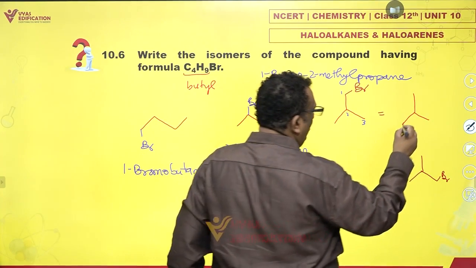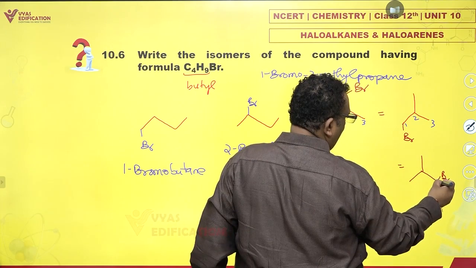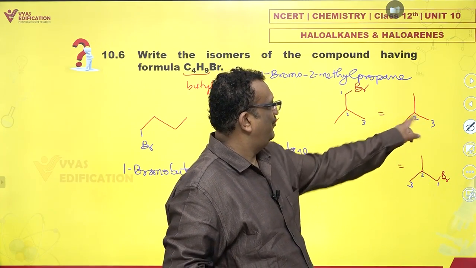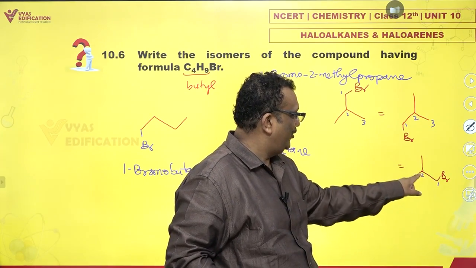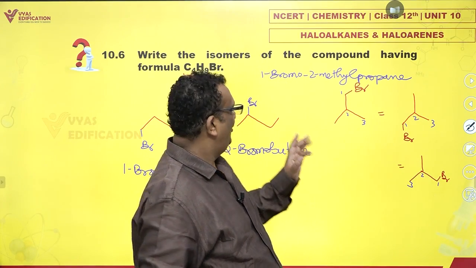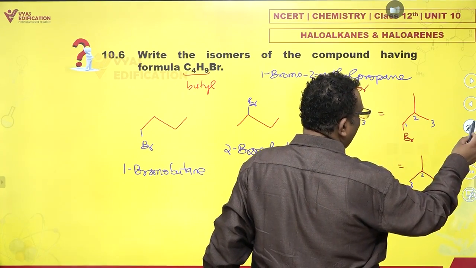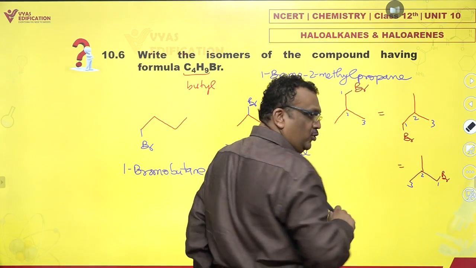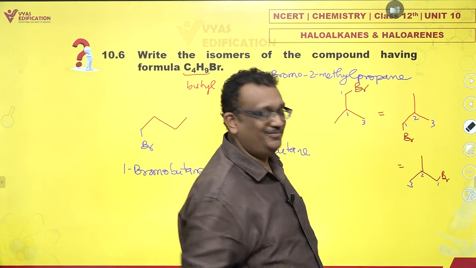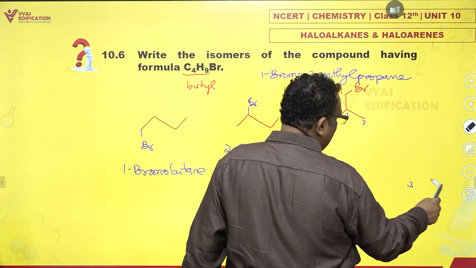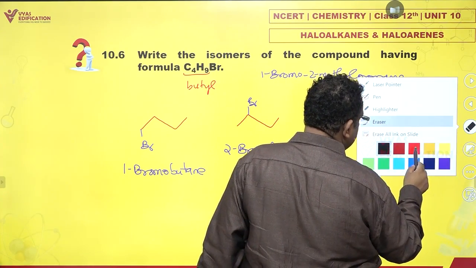Same. 1, 2, 3. 1 bromo, 2 methyl, propane. They are same. So you don't have to count them separately. It would be very stupid to write them 3 times. But I wrote them 3 times just to explain to you. Please understand that these are equivalent positions.